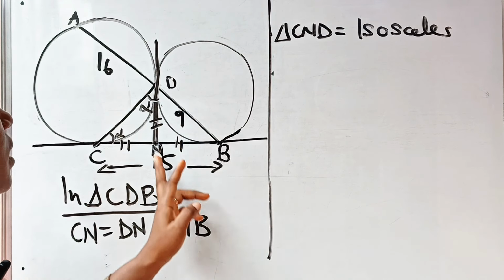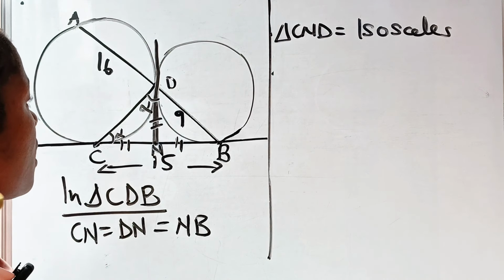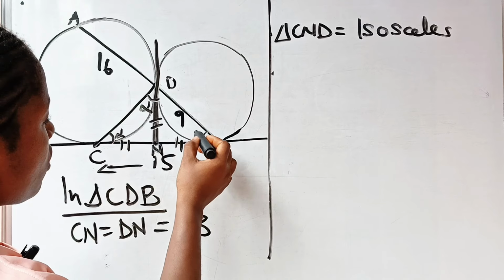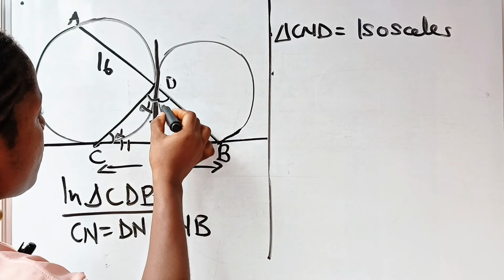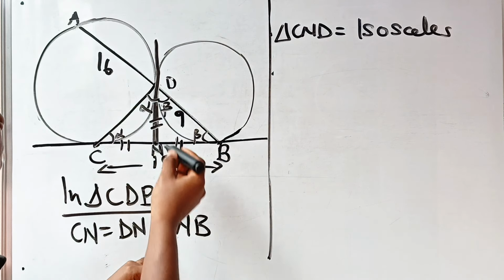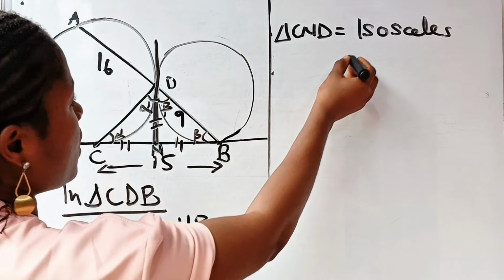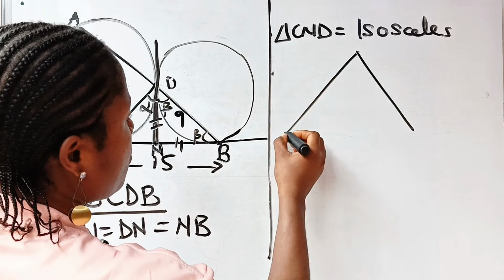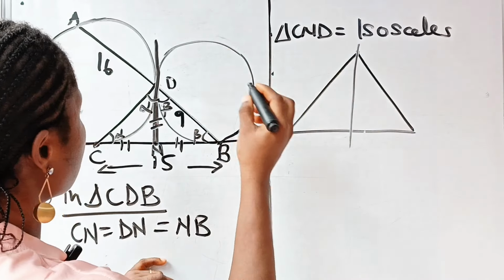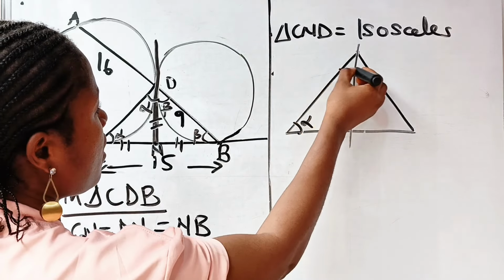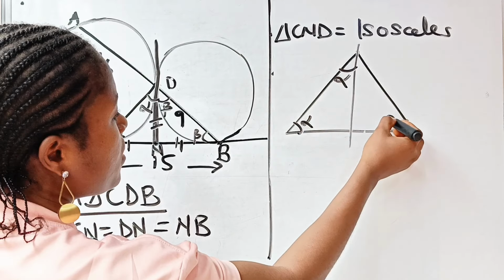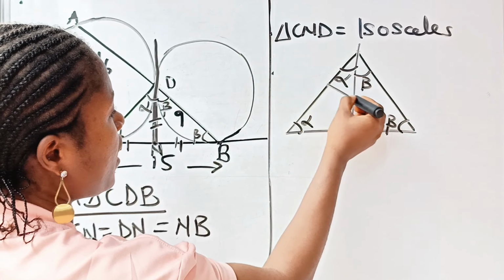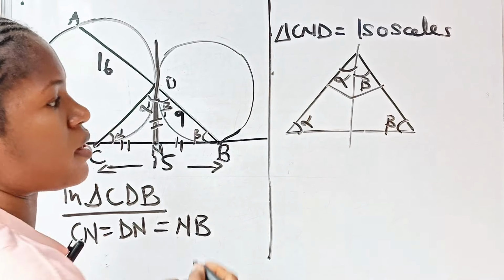And because triangle DNB is also isosceles, if I decide to call this base angle beta, then this base angle is also beta. Now you can see that this is what I now have in that particular place. This is alpha, this is alpha. This is beta, this is beta. So you can see that this is alpha plus beta.